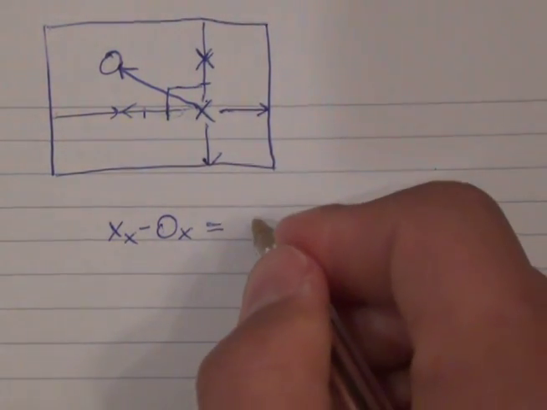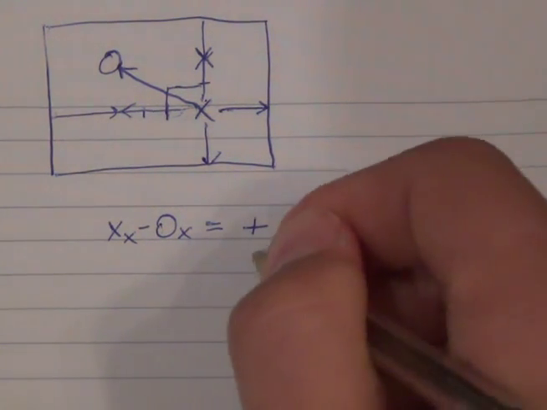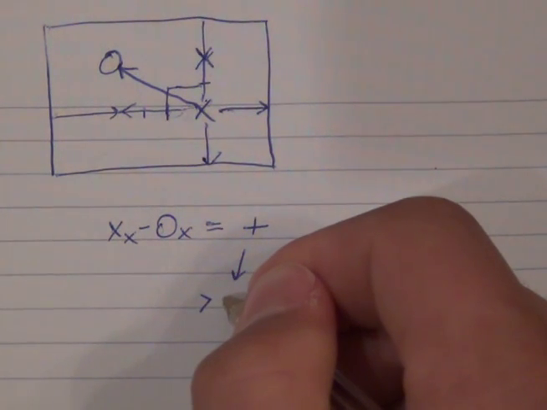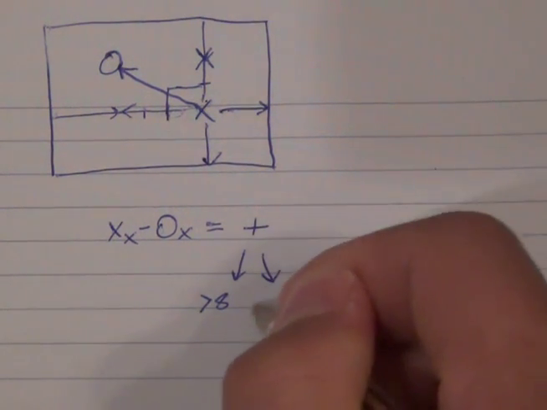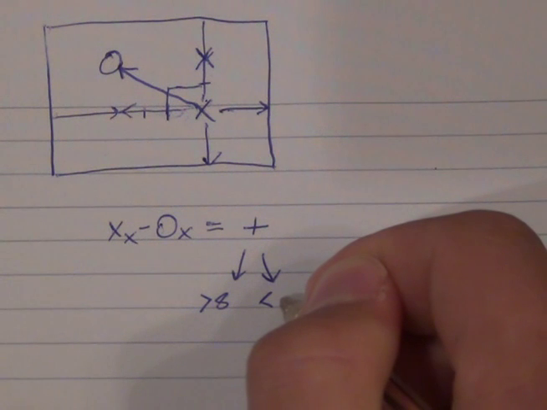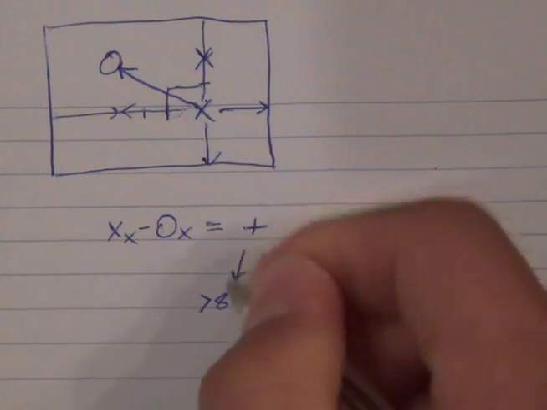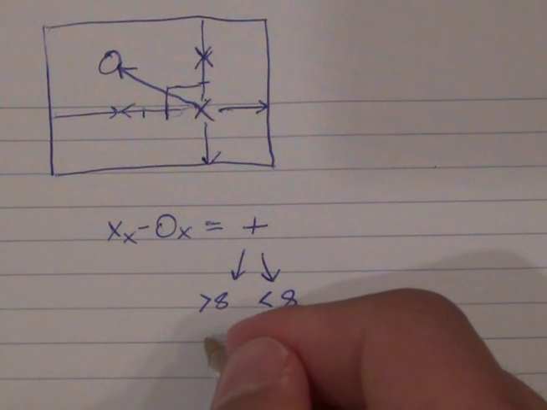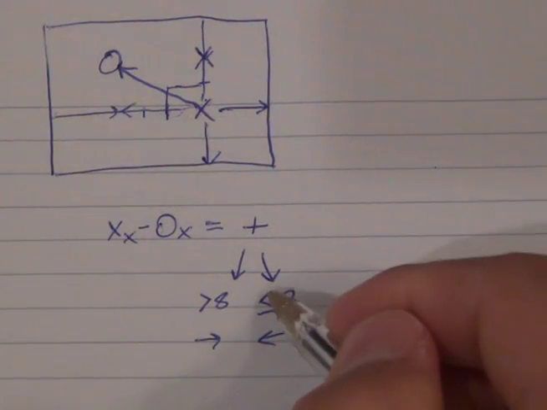In this case, it's going to be a positive distance. So if that positive distance is greater than 8, that means we're going to want to go to the right. But if it's less than or equal to 8, we're going to want to go to the left.